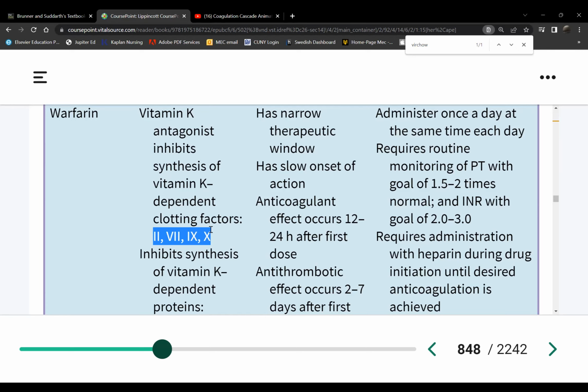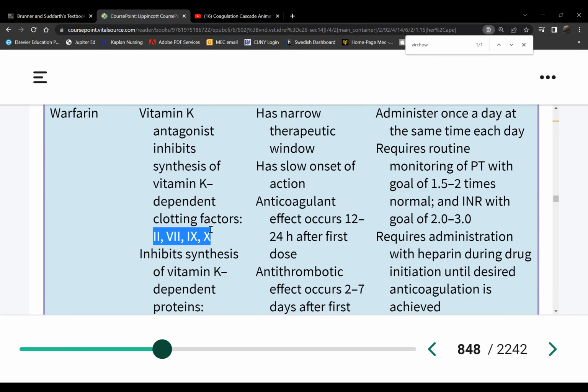However, there are already clotting factors in my body, in my plasma, already made yesterday or a few minutes before I took warfarin. So what will happen to those? They're already in the plasma. Will they be affected by warfarin? No, because warfarin will only affect future production of clotting factors.